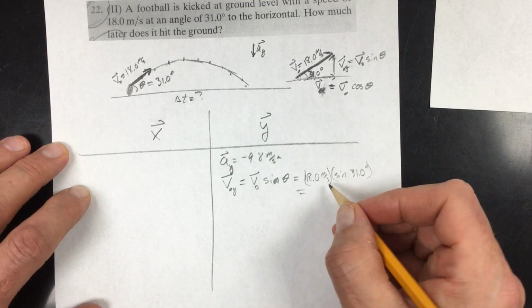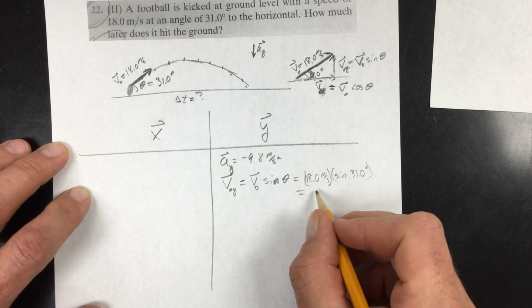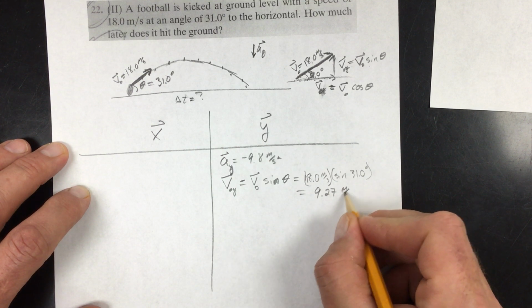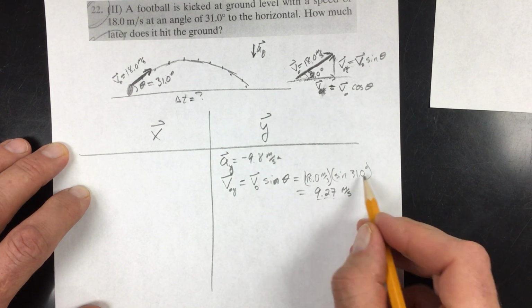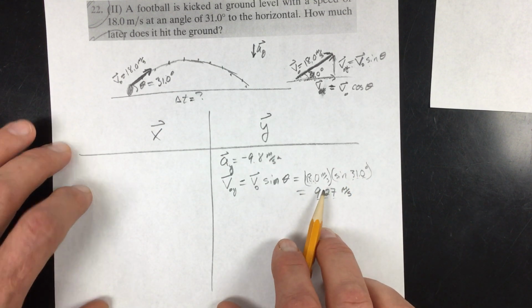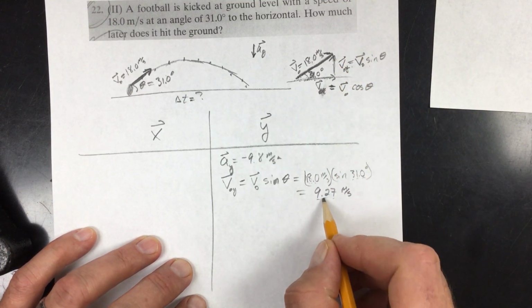If I plug that into my calculator, making sure that my calculator is set for degrees, not radians or gradians, I get an initial vertical velocity of 9.27 meters per second, three sig figs, just like the two numbers that went into the calculation. So its initial velocity straight up is going to be that.